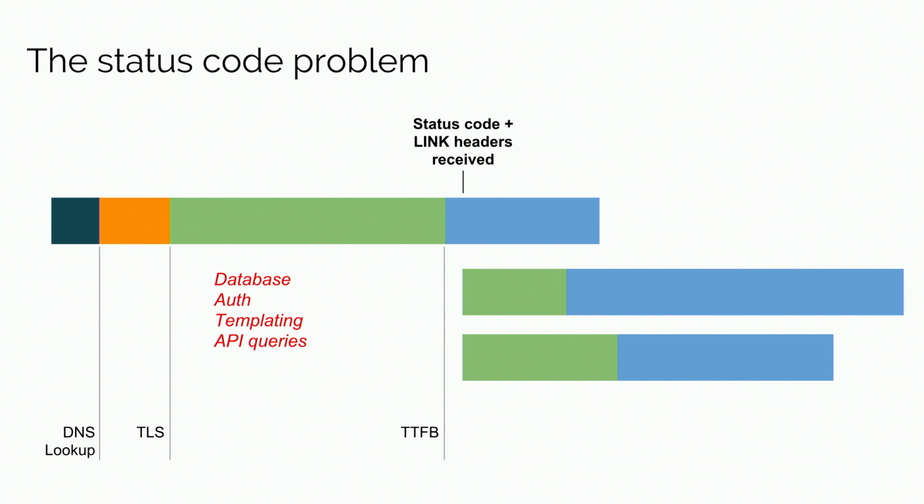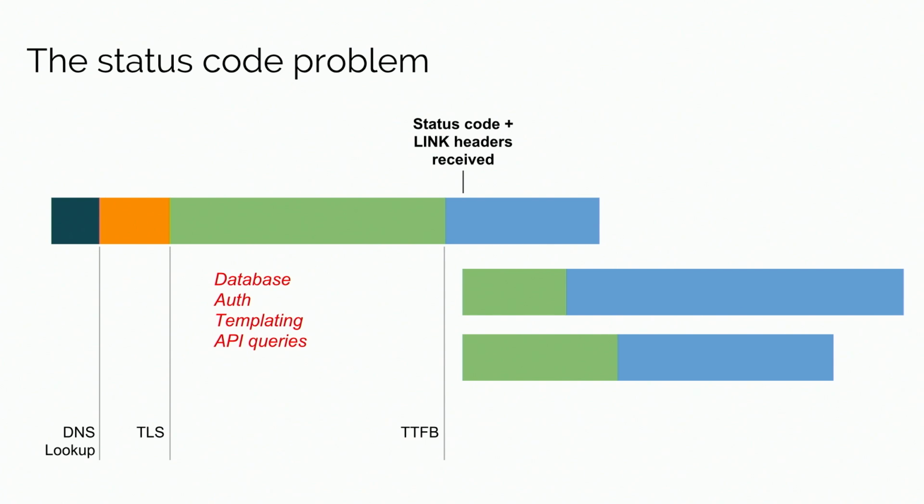So if we look at a full waterfall from the moment that I type in a URL and press enter, there's some time that we can't do anything about, the DNS lookup, the TCP TLS connection, although those are being sped up through other means. But then there's this whole section here where we're just waiting for the server to decide what the response is going to be.